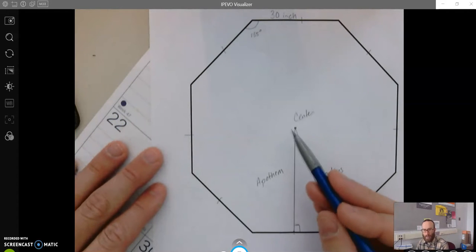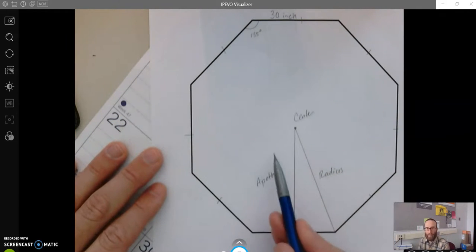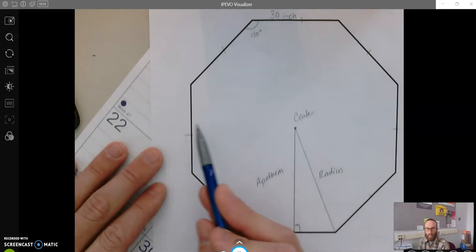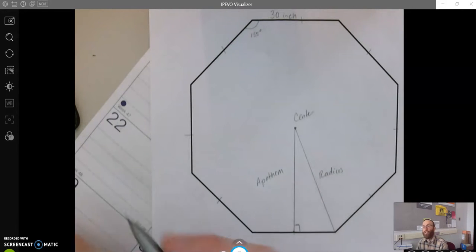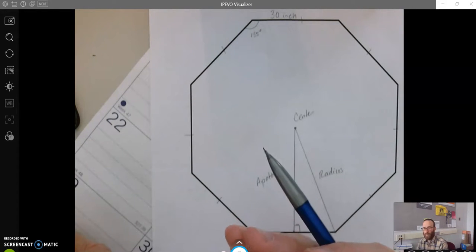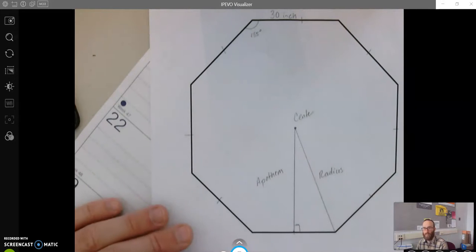There are 8 of these, they would go straight to here, to the middle of that segment, okay, all the way around. And so we have this nice right triangle formed because we have a perpendicular line, and that's going to allow us to use that trigonometry knowledge that we talked about before and bring that back to help us out here.